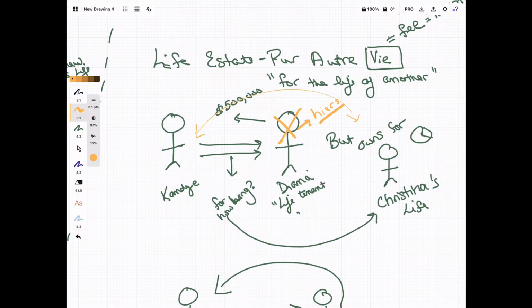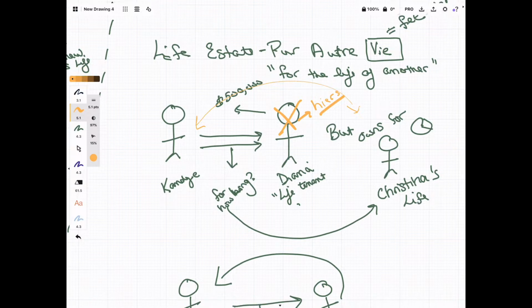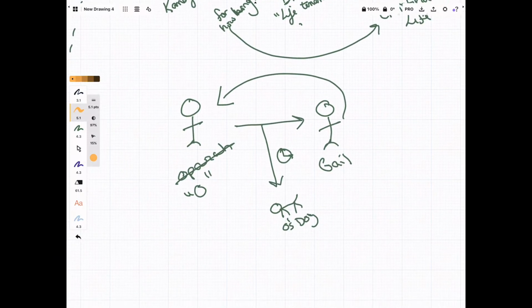All right? Does that make sense? Let's say in this example, Gail dies, but the dogs are still alive. It's going to go to Gail's husband or whoever her heirs are until when? The dog dies.